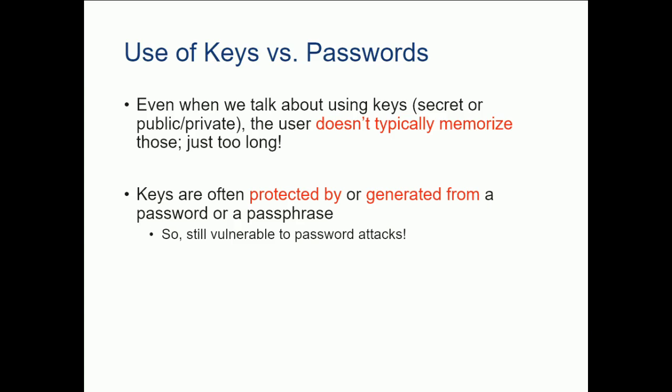That's how we convert a password of any length into a key of fixed length. The first way is to generate a key from the password. The other way is to protect the key with the password.